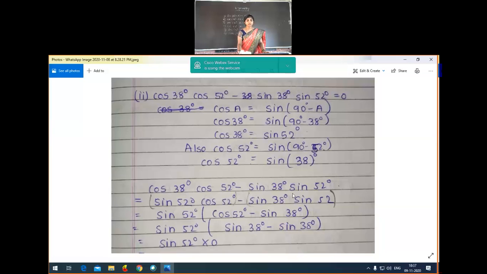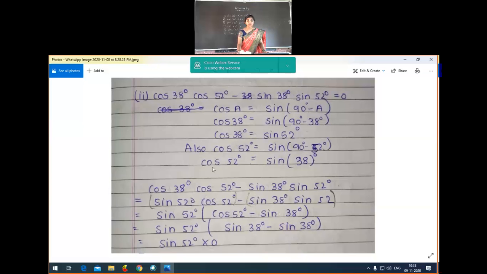Now in both the expressions, one thing we are noticing as a common factor. What is that? Sin 52 is common in both the expressions. Can we take that sin 52 outside? Yes, you can take sin 52 outside. Then what is inside? Here cos 52 is inside, then here sin 38 is inside. Sin 52 outside, remaining in the bracket sin 38 minus sin 38.